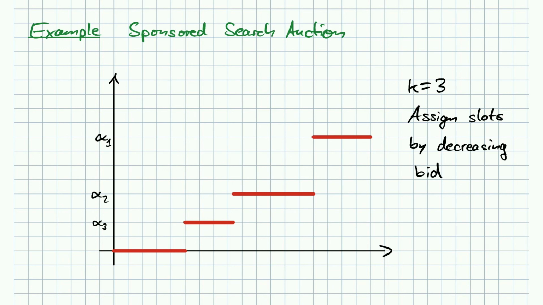So let's see this also here. If I'm bidding this much here, then I'm getting the second slot, and how much am I paying? I should be paying this much. What would be the formula for this?